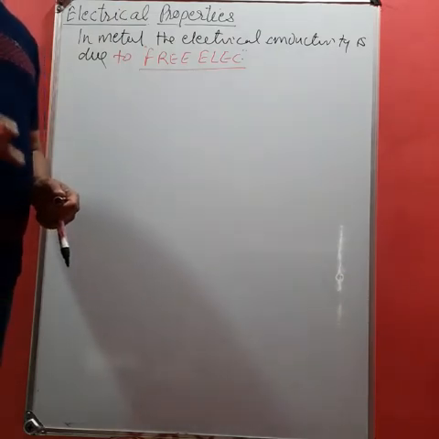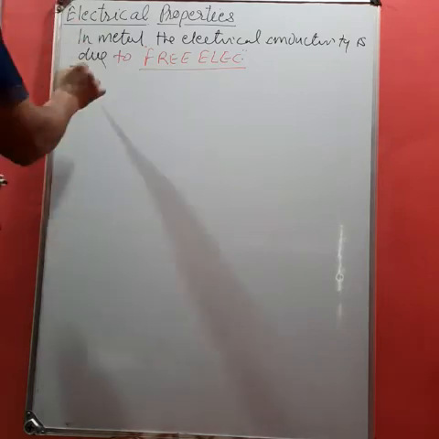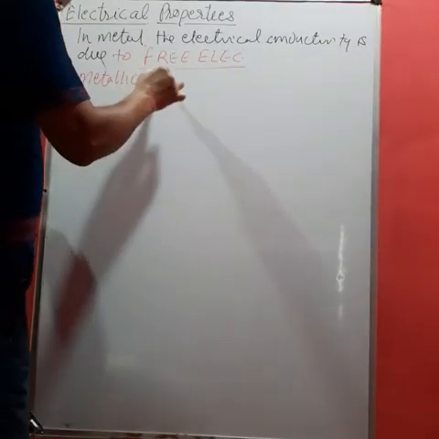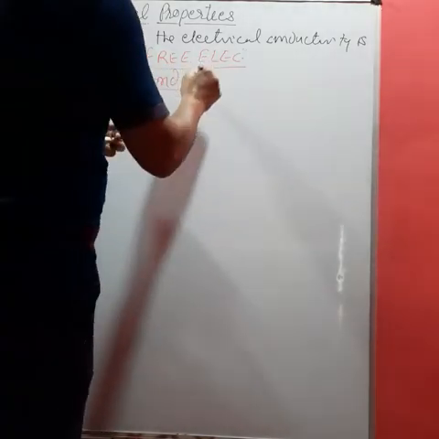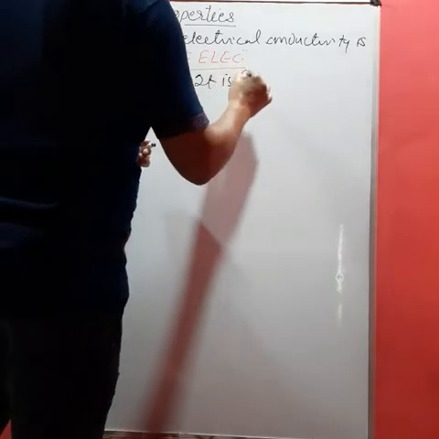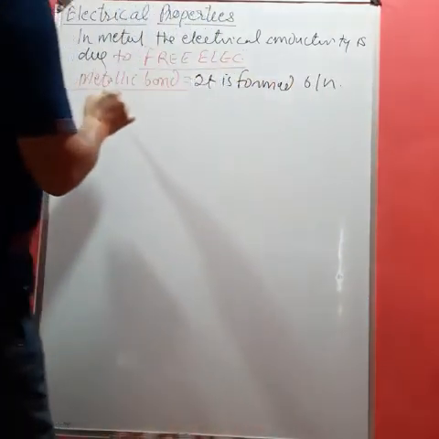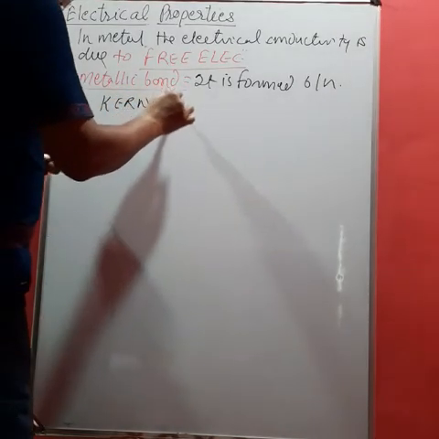Now student, you know that in d block metals, a metallic bond is present. Now what is the metallic bond? It is formed between what? Kernel. What is kernel?